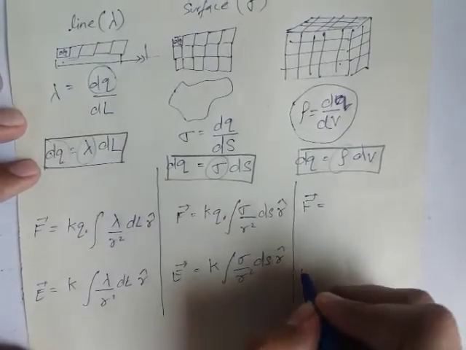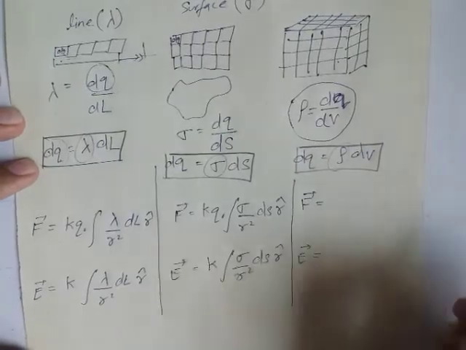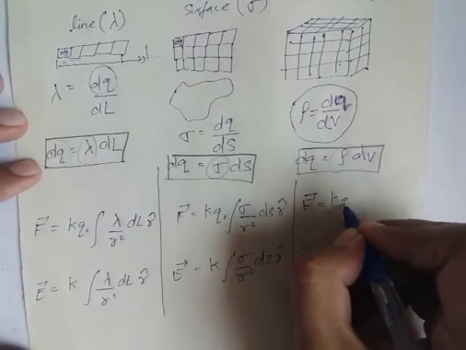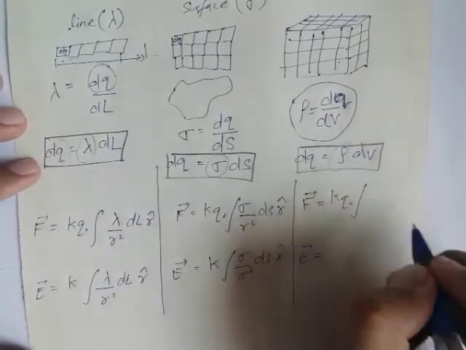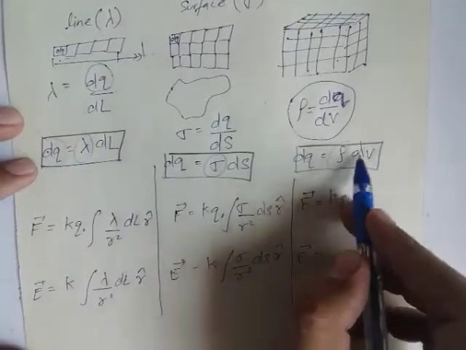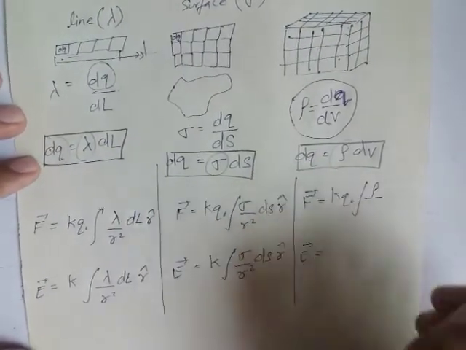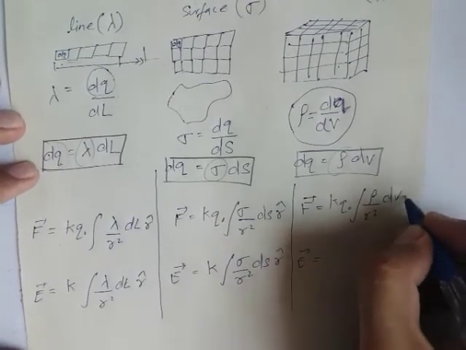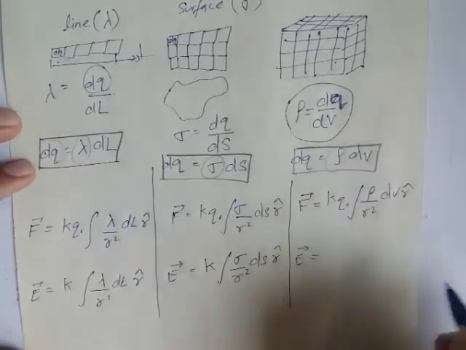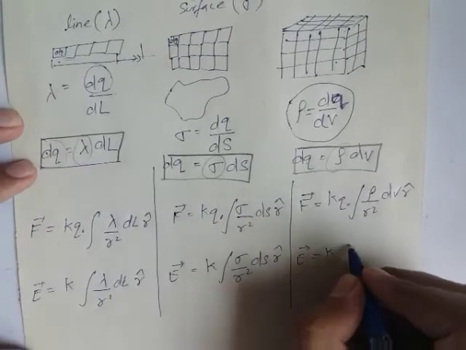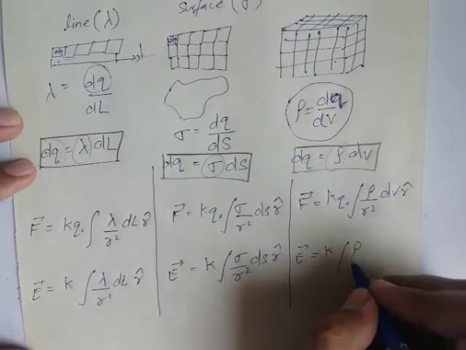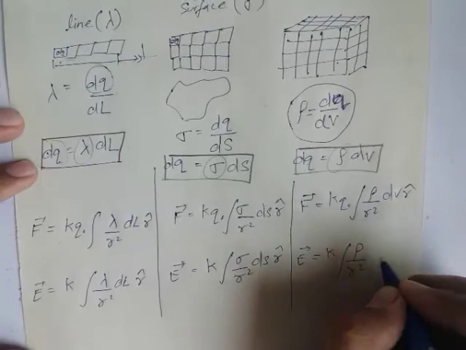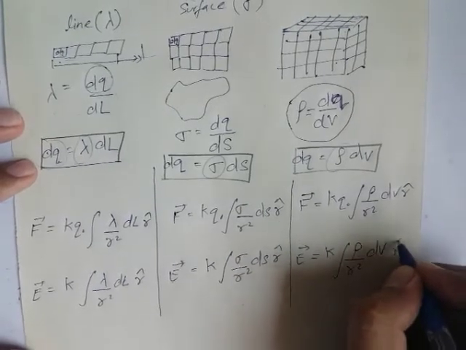Yes, give it a try. And for the electric field, we will get K q naught, and instead of dq we will write rho, upon r square dV unit vector. Same way here, K integral of rho upon r square dV.